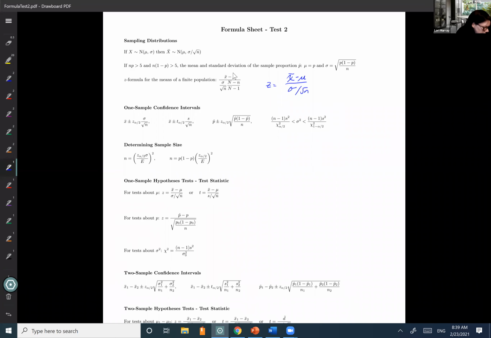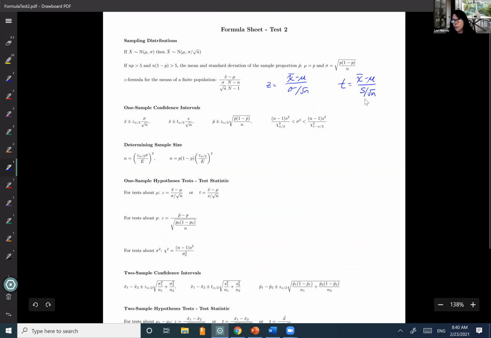Okay. And with the T, you can see the test statistic changes, right? T would be x bar subtract mu over S divided by the square root of N. That is when you calculate the standard deviation from the sample, which is most of the time.